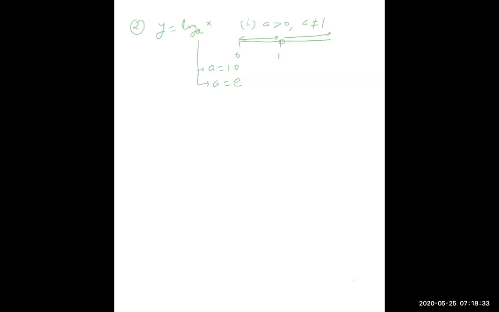When base is e, it is written as y is equal to log e x or simply ln x. This is known as natural log. That is why we write it ln x.